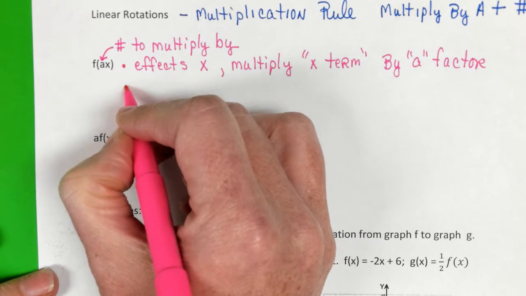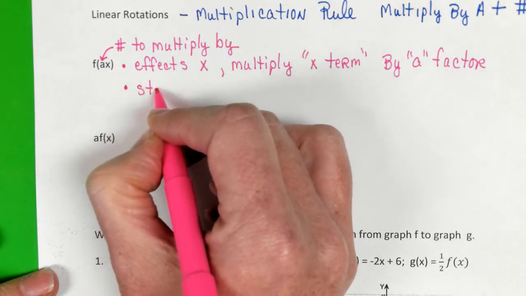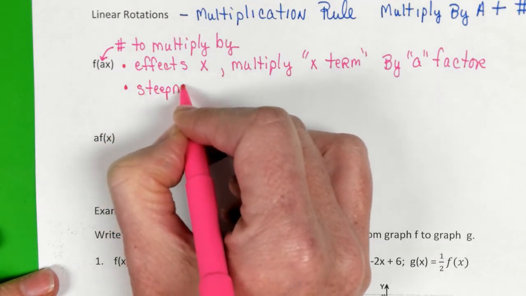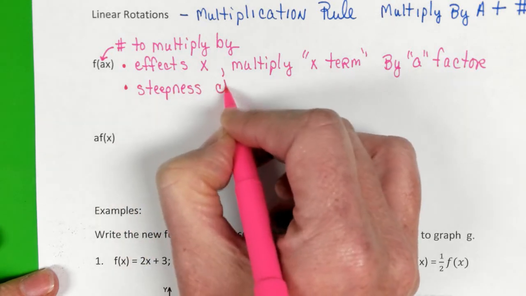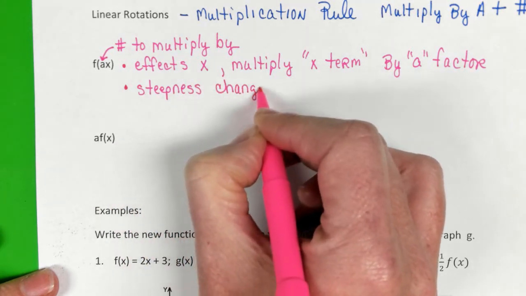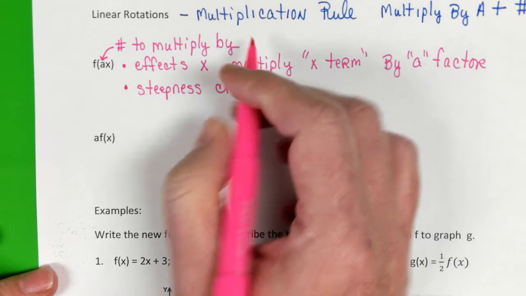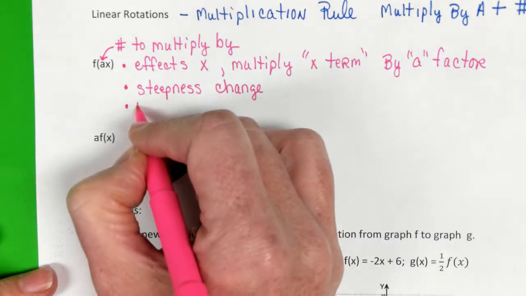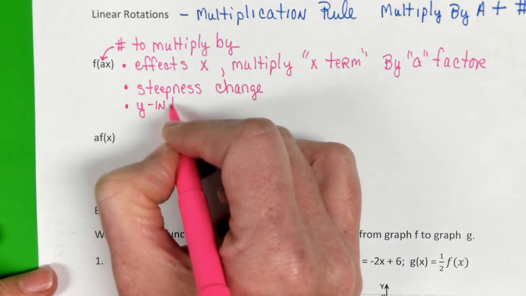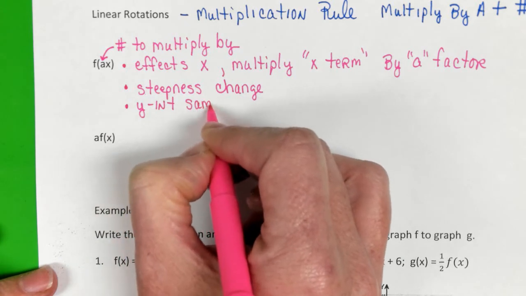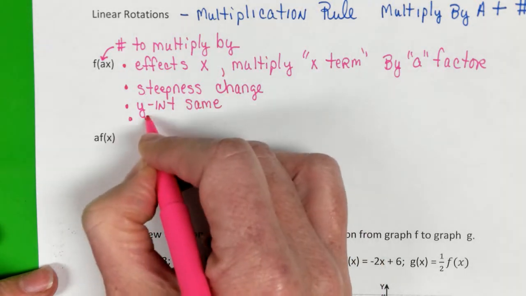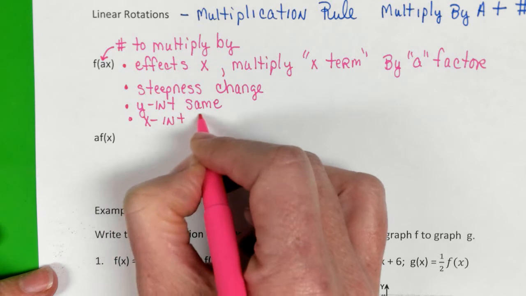What we're going to notice is that the steepness of our line is going to change, and it could get steeper or it could get less steep, but it's going to change. We're going to see that our y-intercept is going to stay the same, but our x-intercept will change.